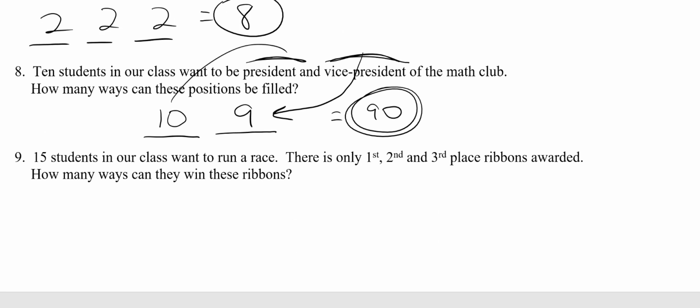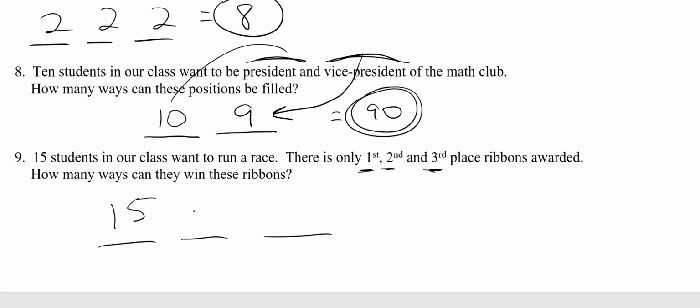And last one, there are 15 students in our class who want to run a race. You got first, you got second, and you got third. How many ways can they win these ribbons? So remember, 3 places. So it's 15 students. Now remember, guys, if you get first place, you're sure not getting second place. So you're out of that choice if you got first place already. Now we go to second place. How many people can win second place?